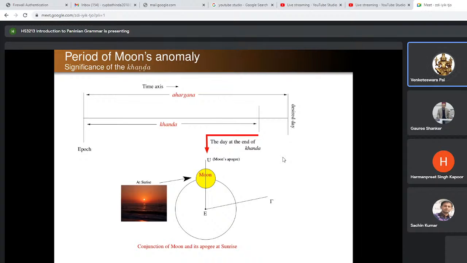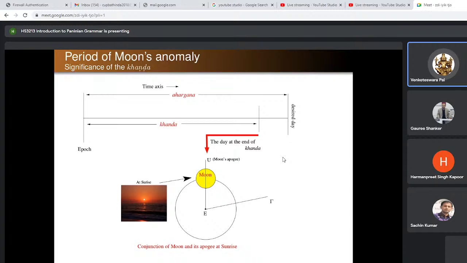But the Vakya texts just give the khandas. For example, 160420 is the khanda as per Vakya Karana. That's not the exact number. They just provide the number as khanda, but they don't say how to obtain the khanda from the ahargana.